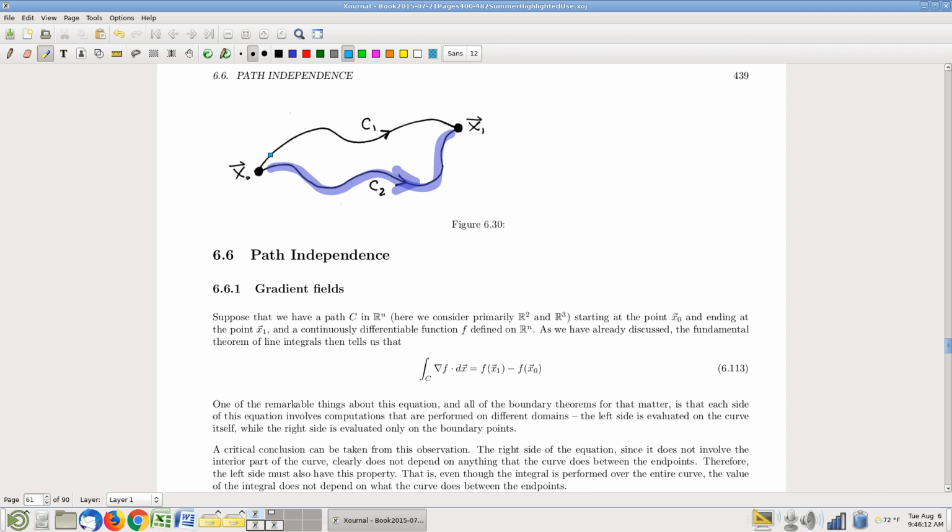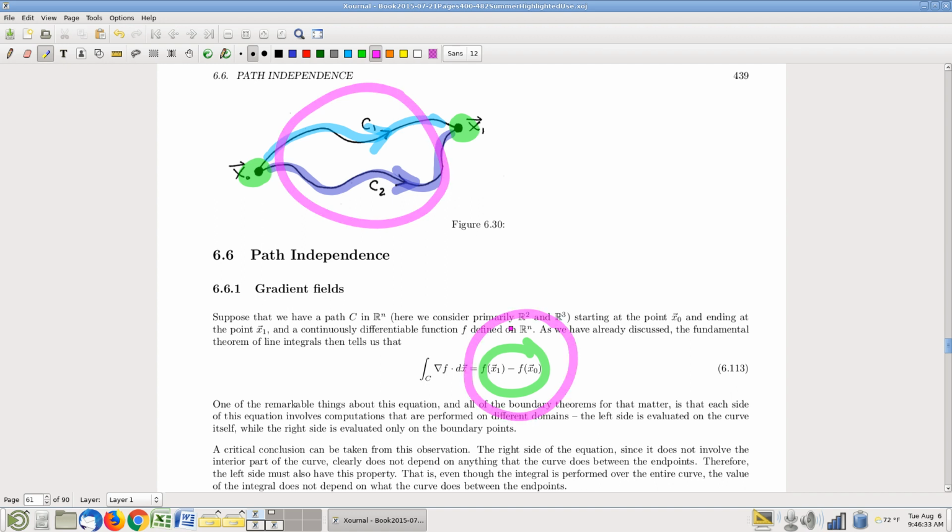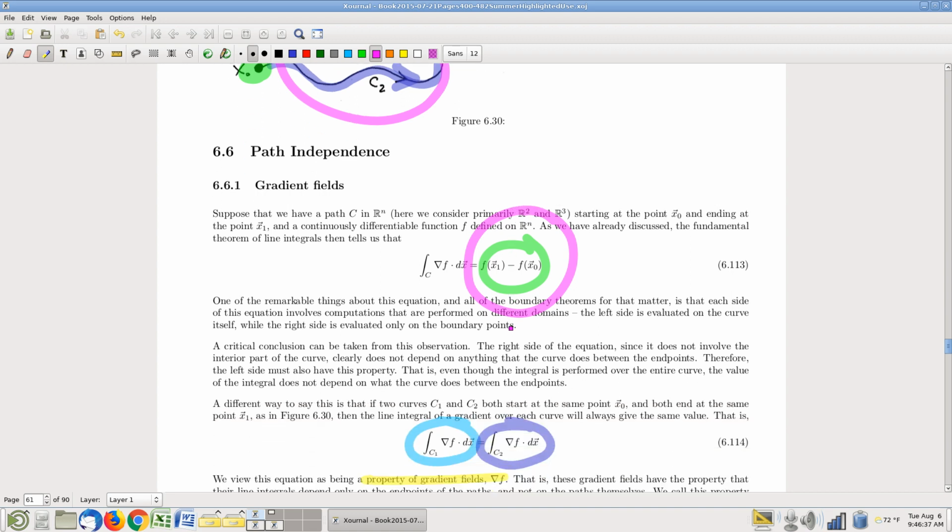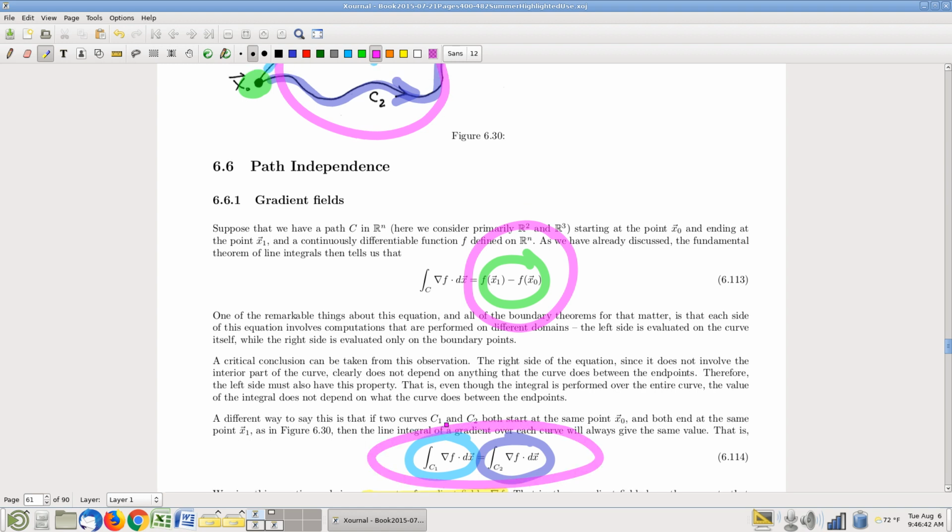Well, both of these curves have the same endpoints, and therefore f of endpoint minus f of start point are the same, and therefore these two line integrals on these totally different curves are computed with the same formula from the fundamental theorem of line integrals, and therefore those two line integrals themselves are the same. So that's pretty wild if you think about it.